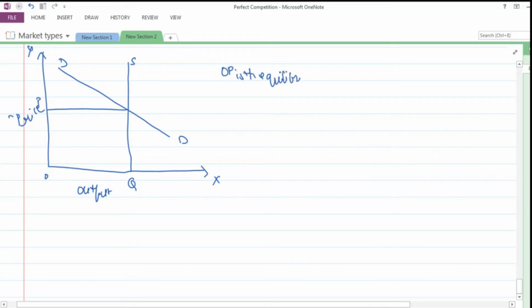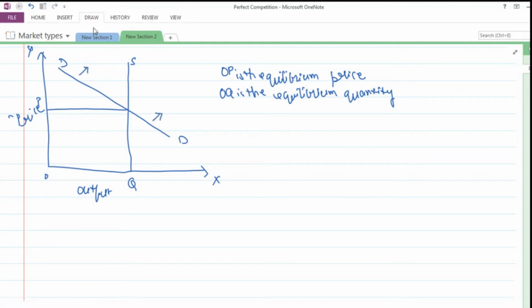So OP is the equilibrium price, while OQ is the equilibrium quantity. Now let's assume that the demand has increased and the demand curve shifts upwards.